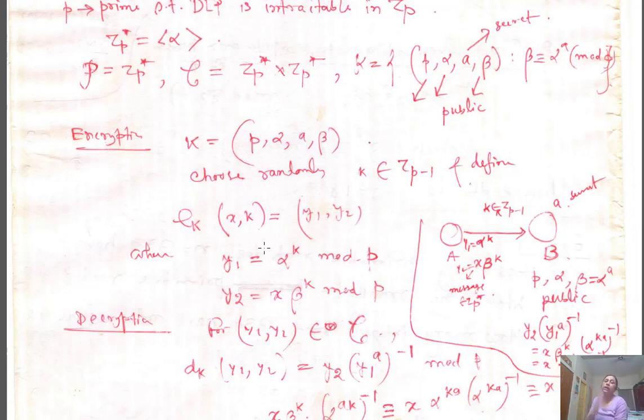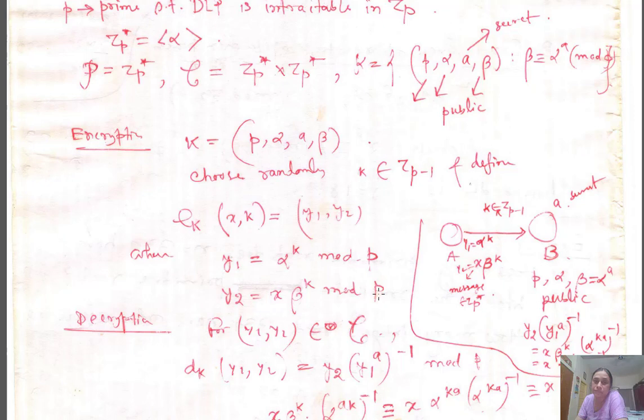If you remember the RSA cryptosystem, we simply take a plaintext from Zn star and raise it to the public exponent b, x to the power b. There is no randomness introduced. But here we are introducing randomness, choosing some random k and sending alpha to the power k and x times beta to the power k.